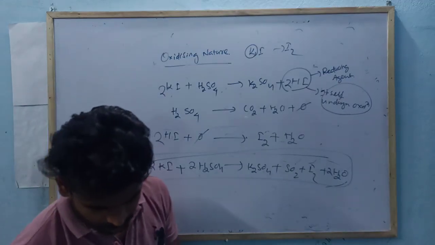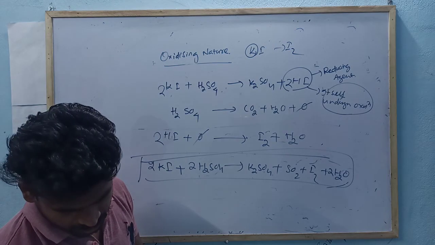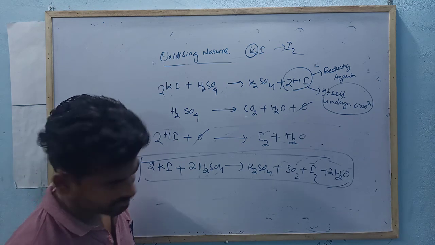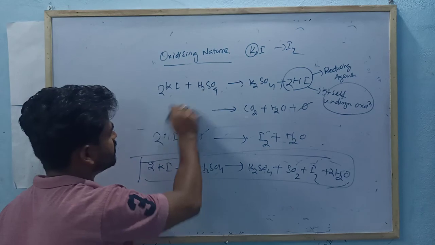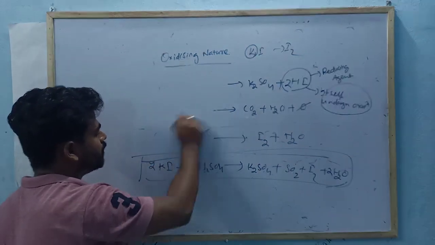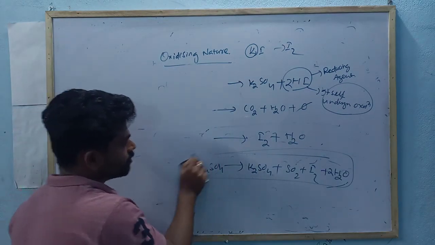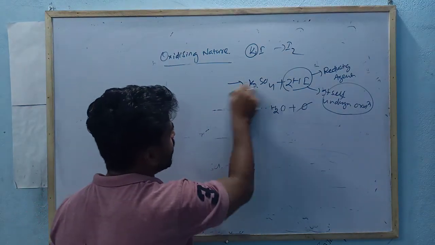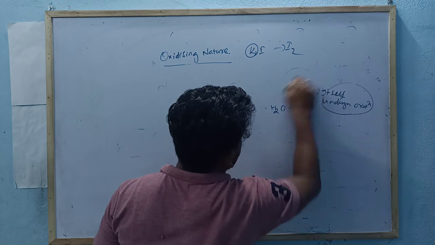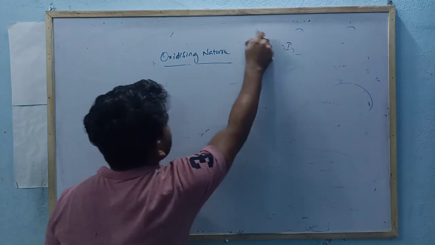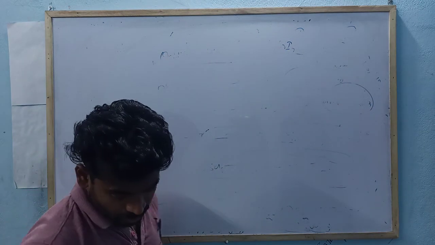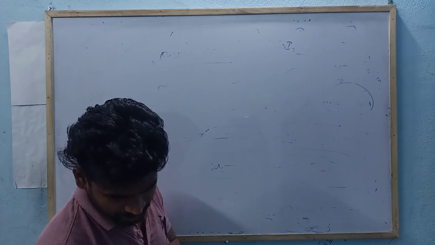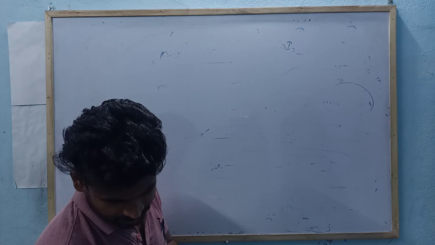Next, we shall discuss its dehydrating nature. You remember this from your organic chemistry. H2SO4 is used as a dehydrating agent, that is for the removal of water molecules.